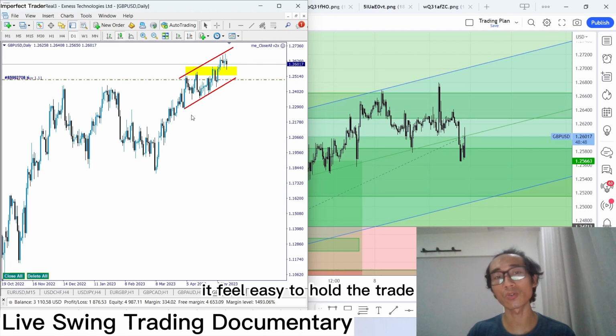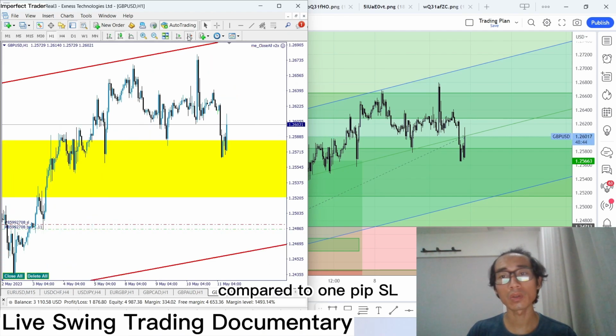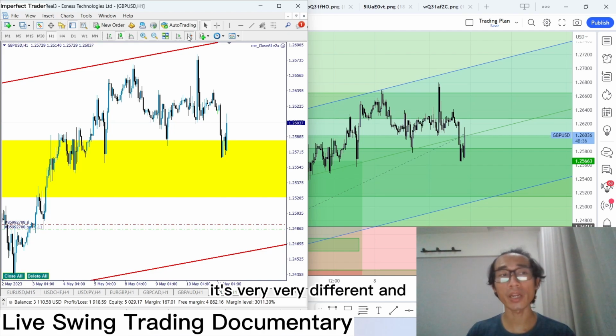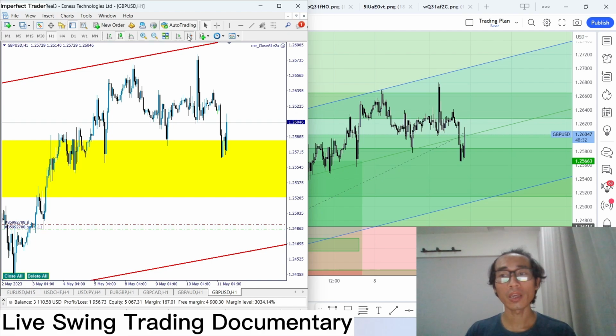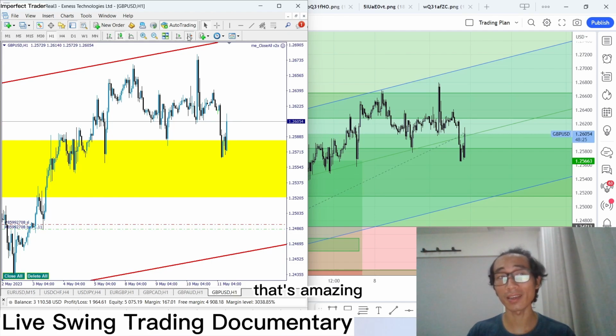It feels easy to hold your trade compared to a 1 pip stop loss, compared to a 20, 30 pip stop loss. It's very different. And if your personality can handle day trading, that's amazing.